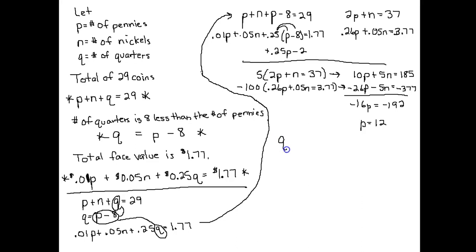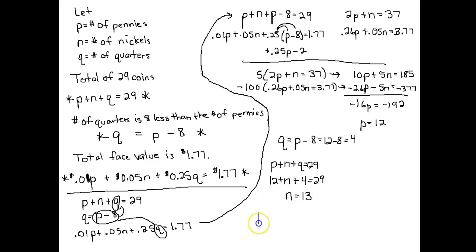Well, Q equals P minus 8. So that's 12 minus 8, which is 4. And then P plus N plus Q is 29. So if I've got 12 pennies and 4 quarters, then N must be 13.